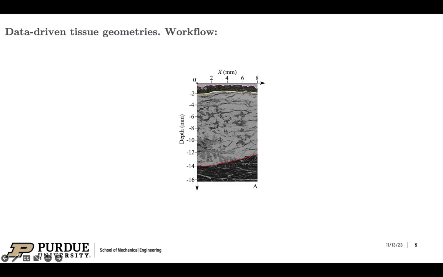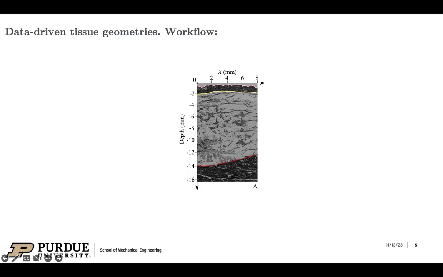To account for these geometric features in our computations, we created a model that allows us to generate realistic 2D tissue surfaces using 1D tissue layer boundaries obtained from histology slides, like the one you can see on the slide.